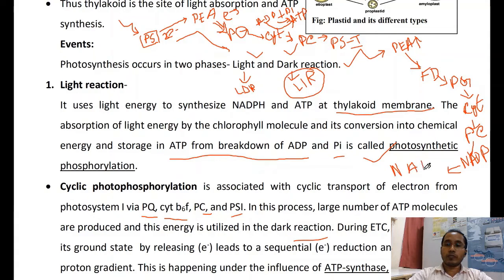So where will it take this H plus ion from? Now you can see in the first stage, when non-cyclic photophosphorylation is occurring, what is happening?